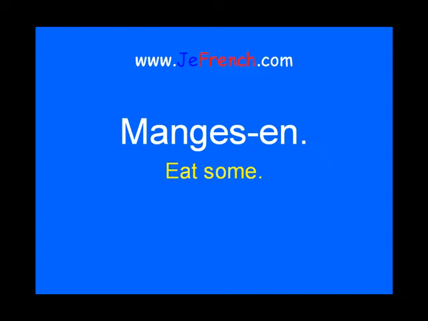But the reason for that is it's followed by a pronoun that starts with a vowel, so we add an S, or we keep the S, however we want to look at it, okay? Those are very few and rare cases, and there will be some more examples of those at the end of the lesson. Just remember that mange-en means eat some.